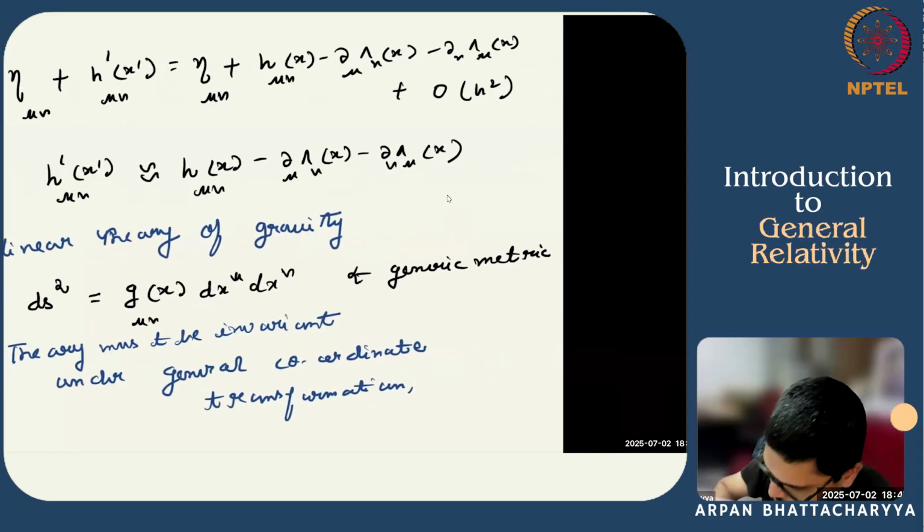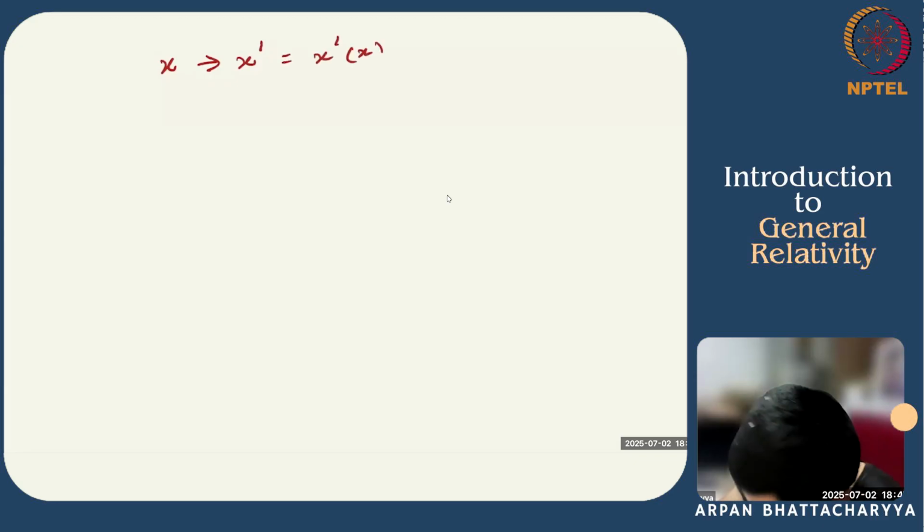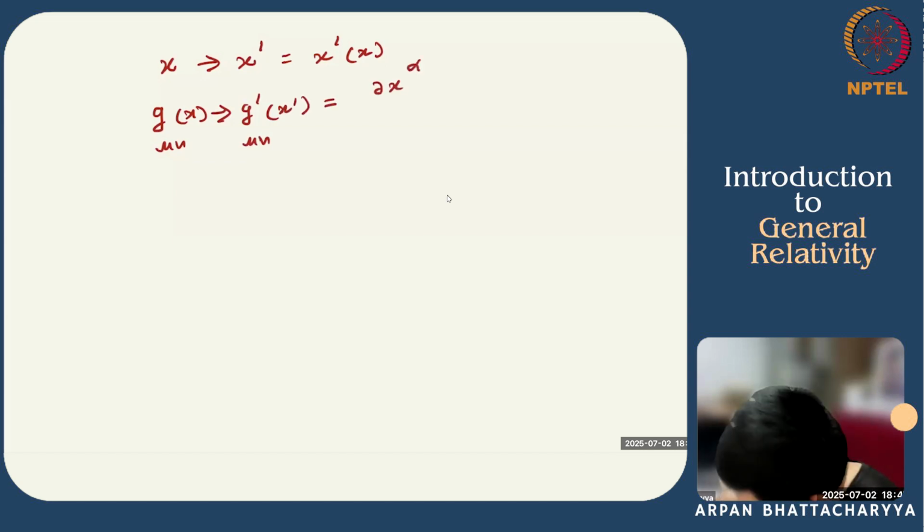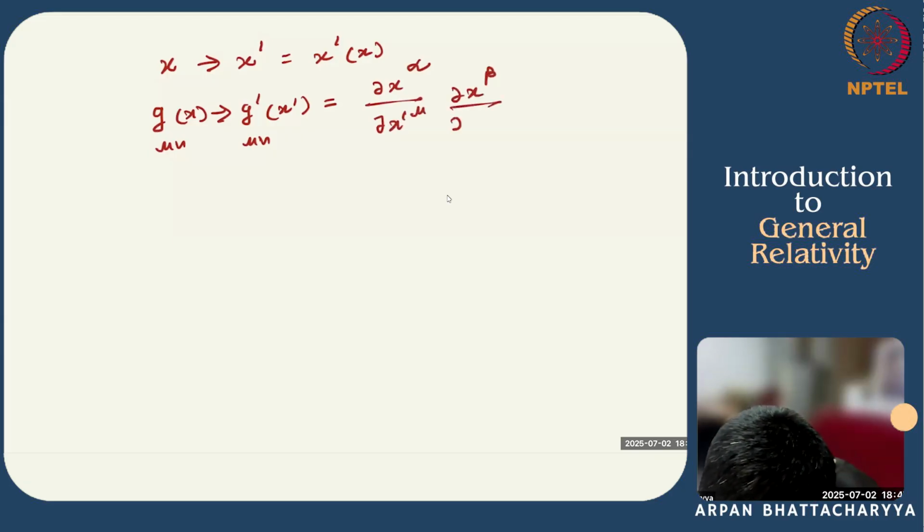Which is nothing but the following: we relabel x to x prime, which is some arbitrary function of x, and g mu nu of x, the generic metric, goes to some g prime mu nu of x prime, which is related to the original metric as this.